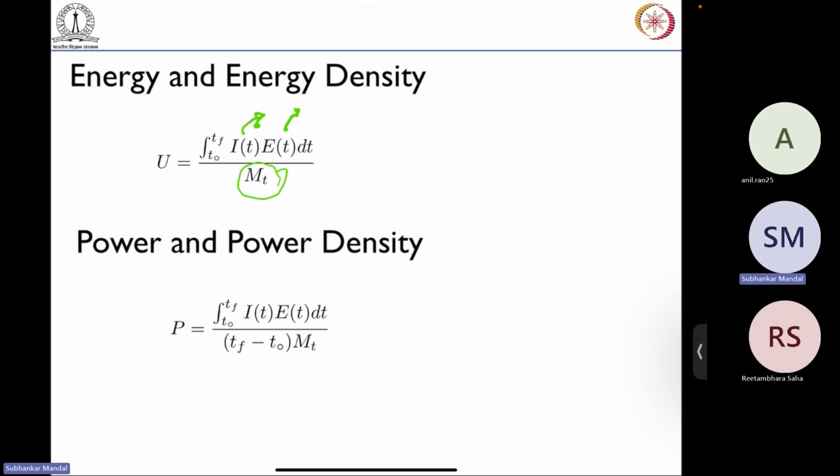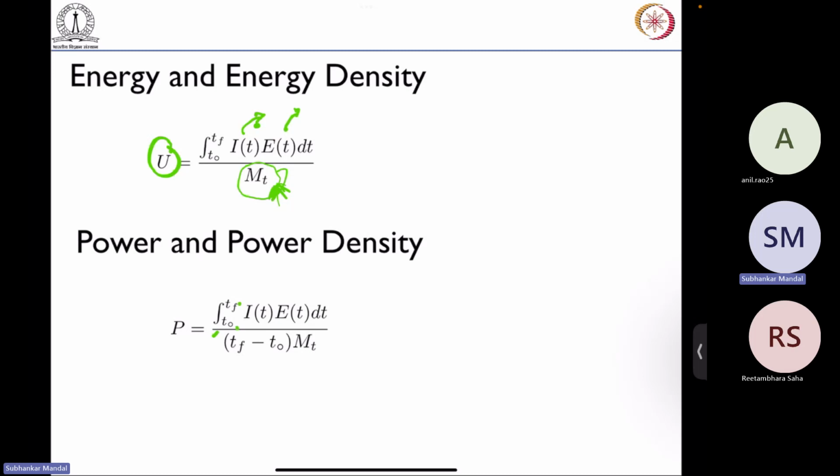Here you can see that if your battery weight increases, then the energy and energy density will decrease. So we need cathode and anode material which is lightweight. In the case of power, it depends on how much time you are running the battery, charging or discharging.